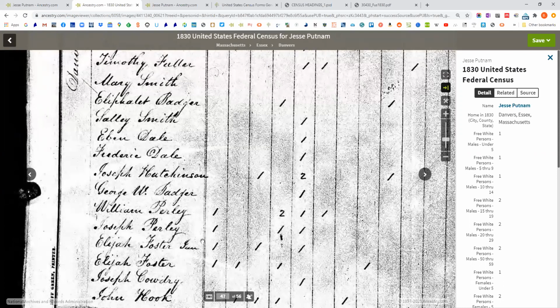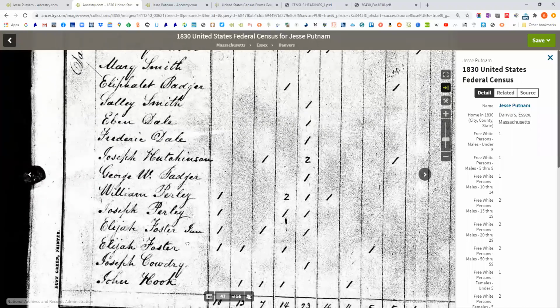Whether they built a little house for grandma and grandpa and the younger family moved into the big house, or if mom and dad are still there and they just built a little cottage for the newlyweds. There's no way to know from this.